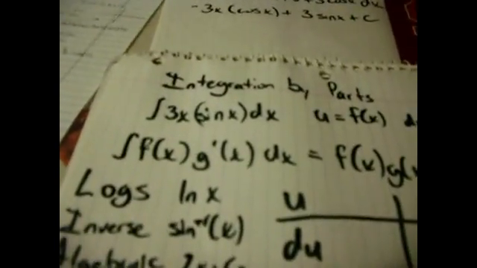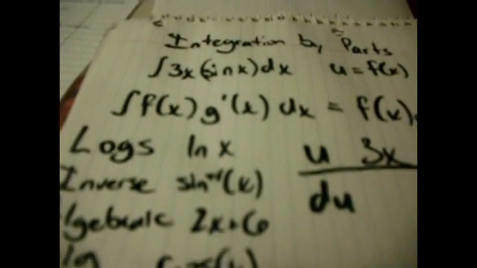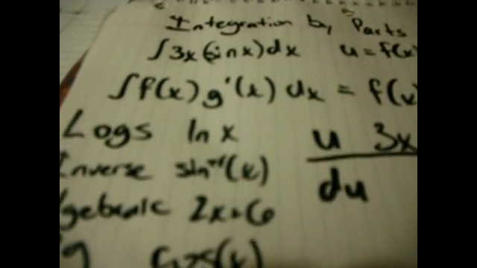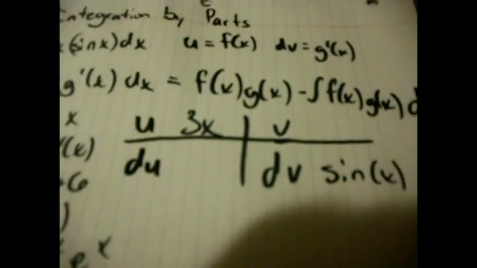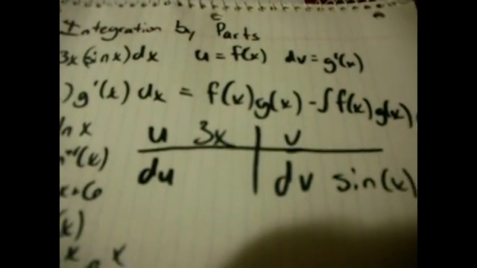Yeah. So in this case, your u is going to be 3x, and your dv is going to be sine of x. And now that you have your u and your dv, you need to figure out du and v.